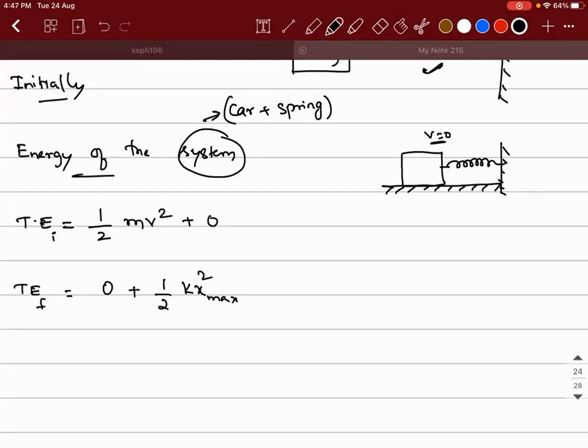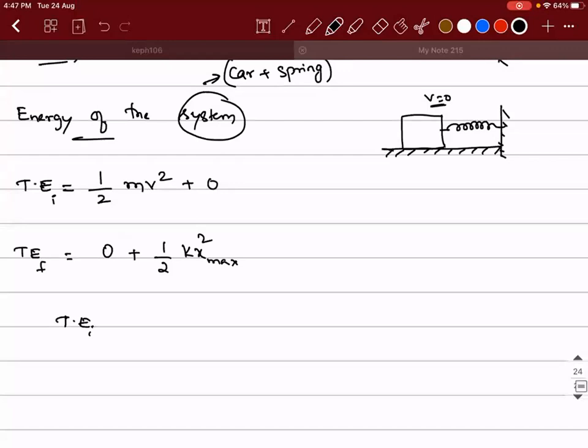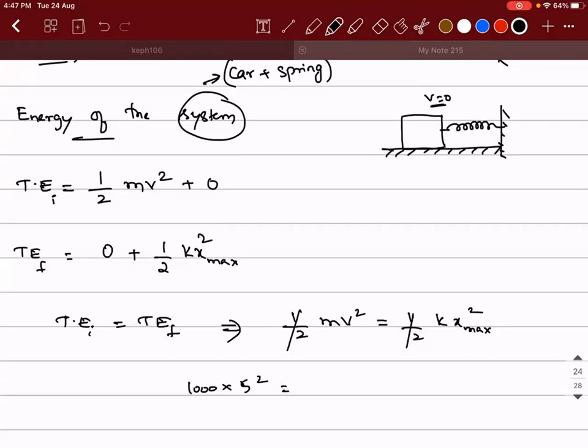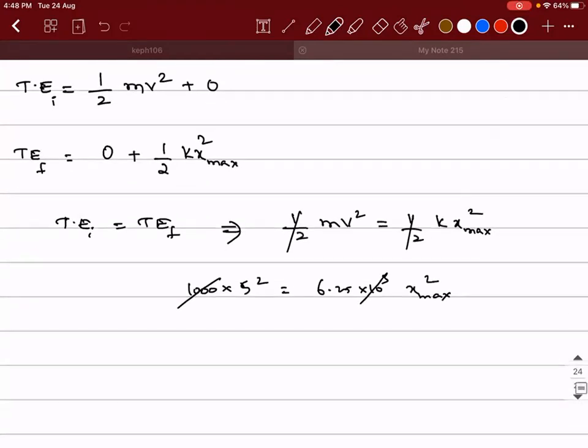So initial total energy is equal to final total energy, which implies half m v square is equal to half into k into x max square. Half and half are gone. So what is the mass? 1000 into velocity square, 18 is 5 square, I hope you understood why it is 5 square, because it is in kilometer per hour, multiplied by 5 by 18, is equal to k, which is 6.25 into 10 power 3, into x max square. 10 power 3 will get cancelled.